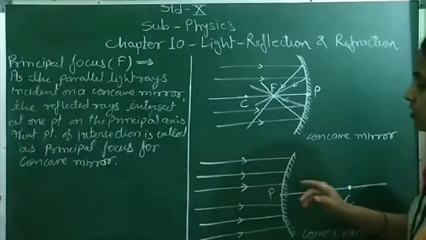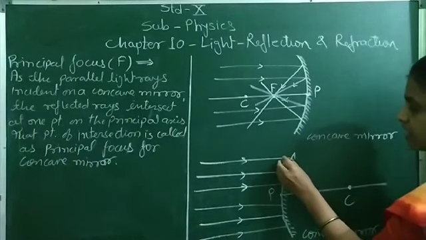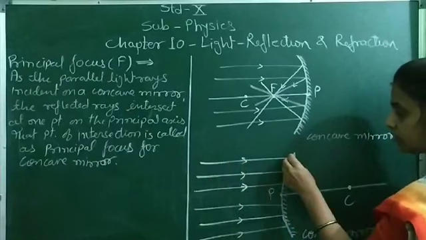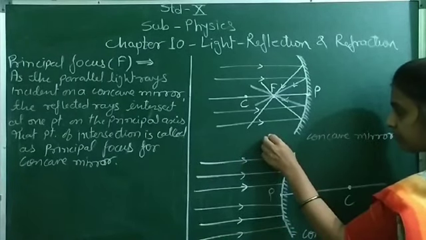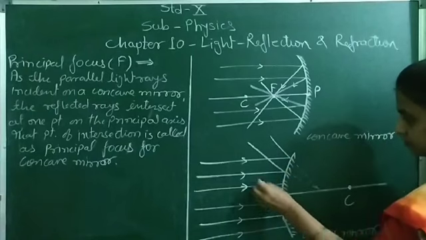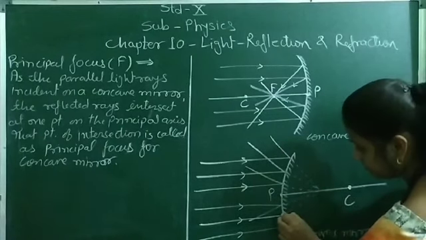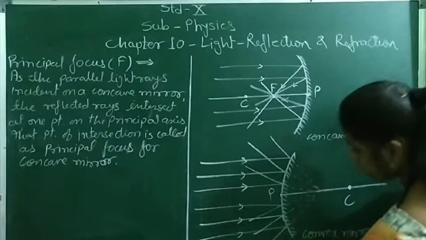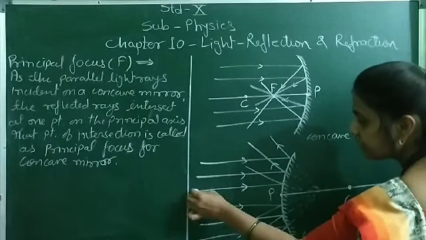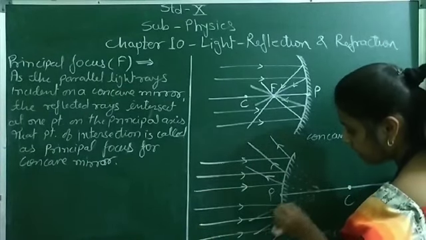Now as the light rays are incident on the reflecting surface of a convex mirror, after reflection they appear to come from one point like this. Each ray is incident on the convex mirror and gets reflected back.